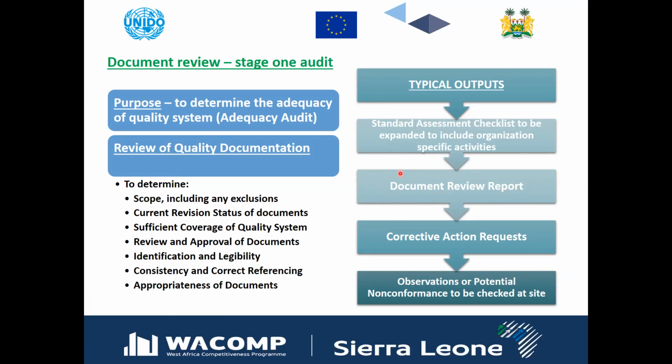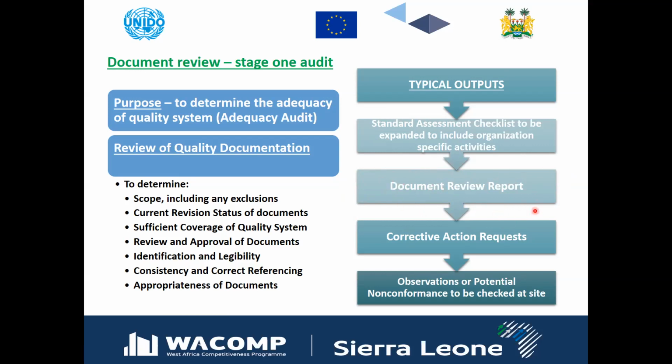Either that company has missed sharing it with the auditor, or maybe they do not have the documents related to any clause, either clause number 4 or 5 or 6, any clause. Then it means this is entire.